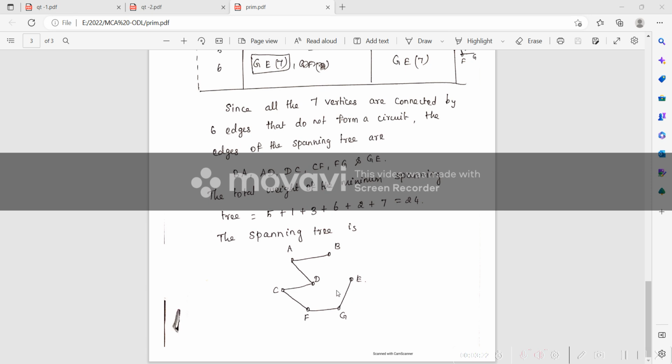Whatever vertices are present in the connected graph, all those vertices are present in that tree. Then that tree is known as a spanning tree. So a tree consisting of all the vertices of a given graph is known as a spanning tree.